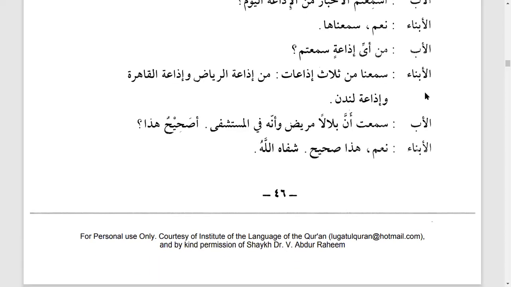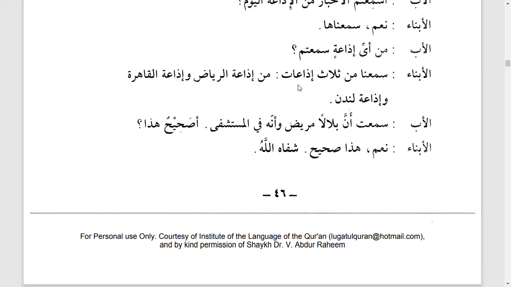Okay. Al-abna: sami'na min thalathi idha'atin. So they say that we listened from three radio stations. Thalathi idha'atin. Do you remember anything about this? The numbers from 3 to 10, yeah? Opposite in gender, because idha'a is feminine, so thalath is masculine.